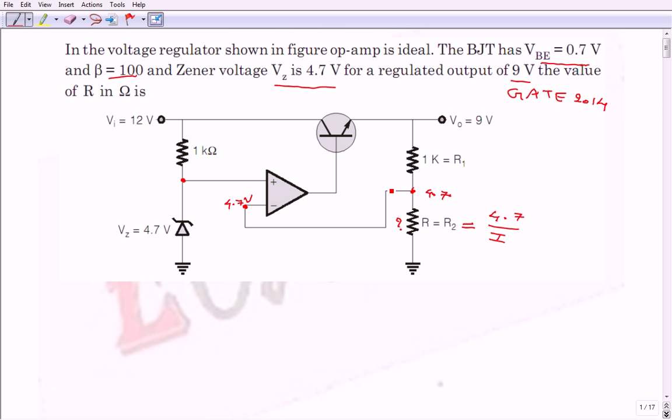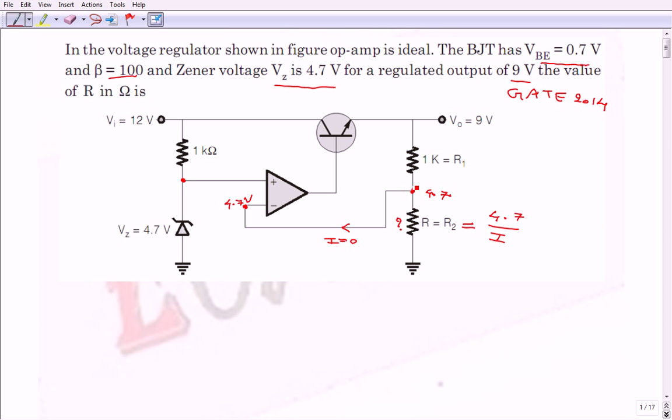Whether the op-amp is ideal or practical, it has infinite input impedance, so no current goes into the input terminals of the op-amp. The current flowing into this terminal is 0.